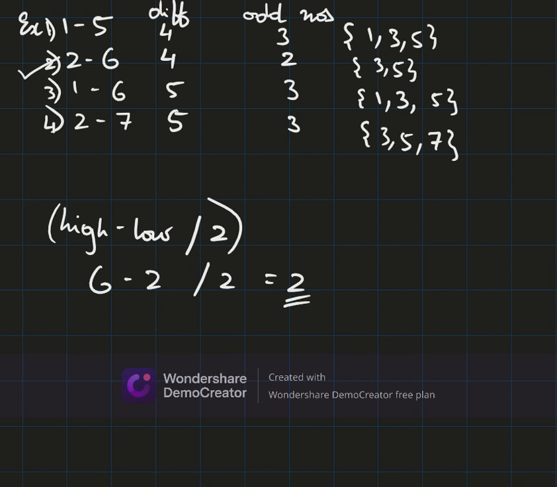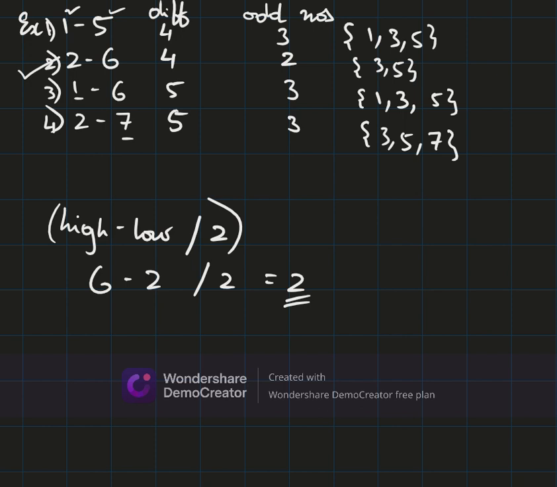But in the cases where there are odd numbers, either two odd numbers or just one odd number as high or low, you're getting one extra odd number in the range.